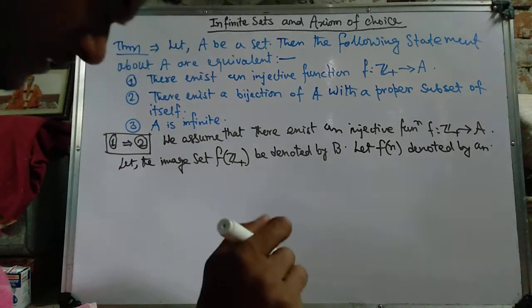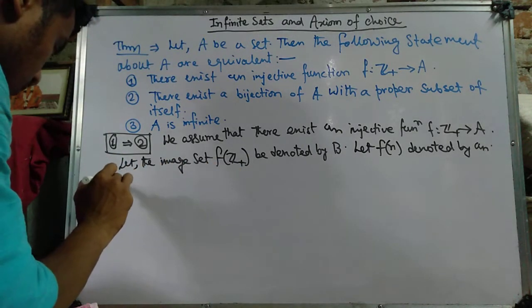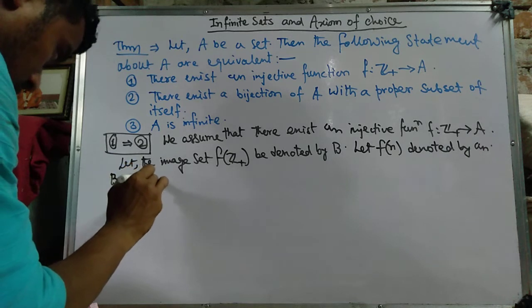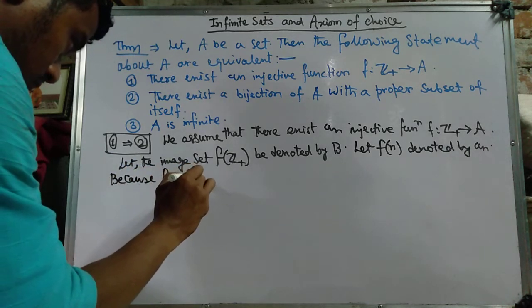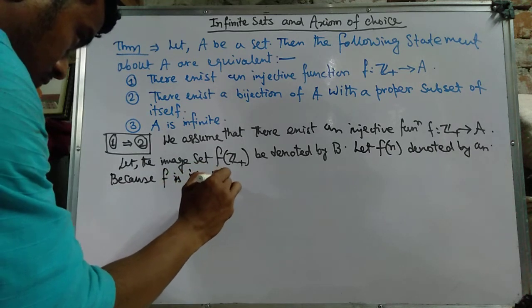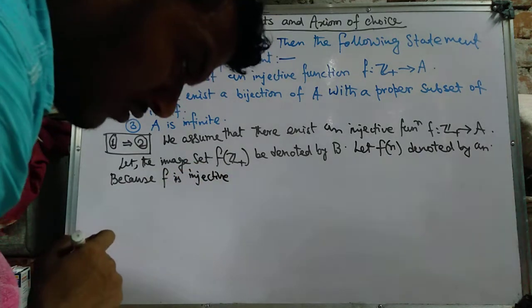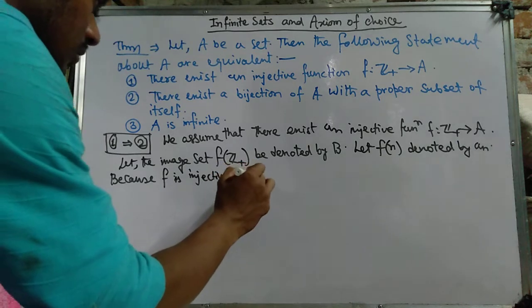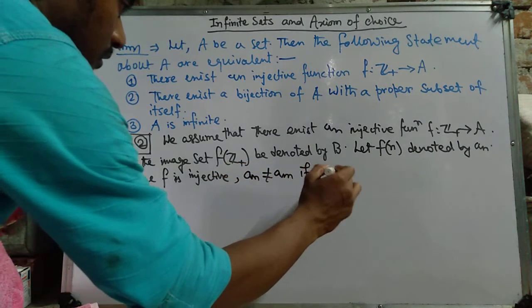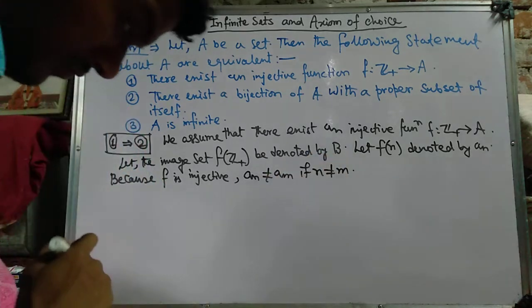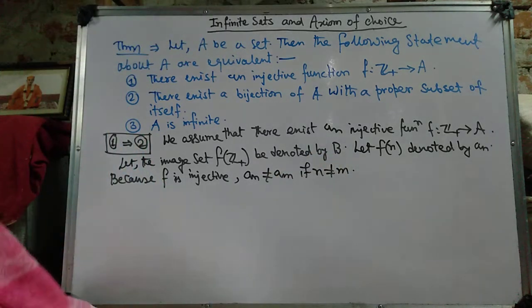Because f is injective, a_n is not equal to a_m if n is not equal to m.